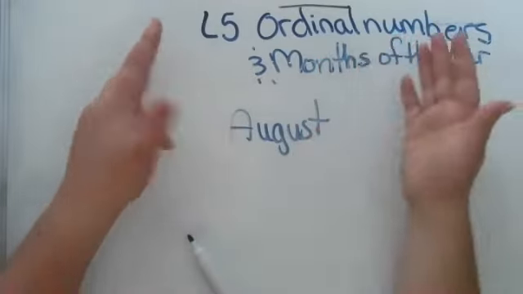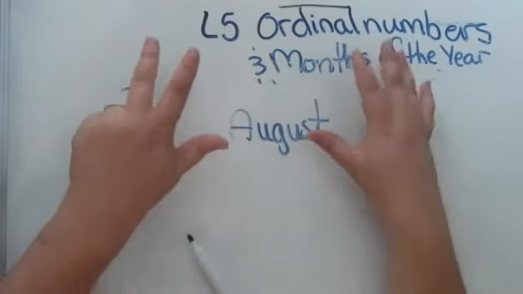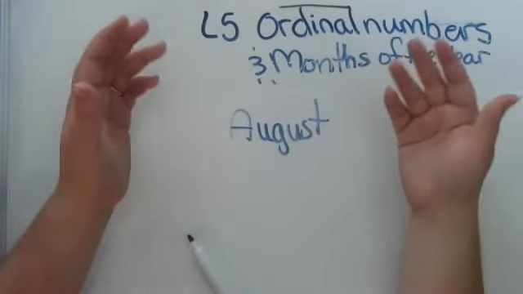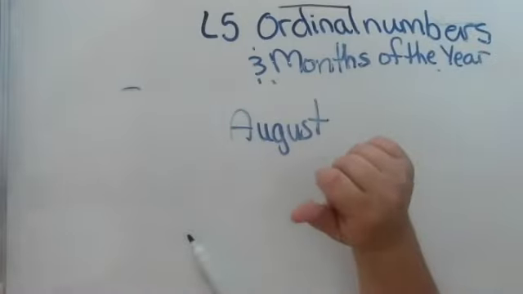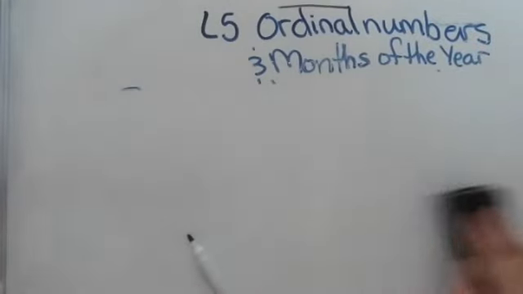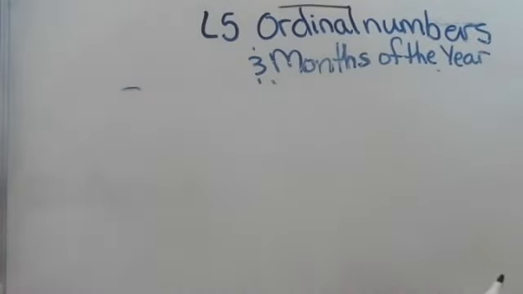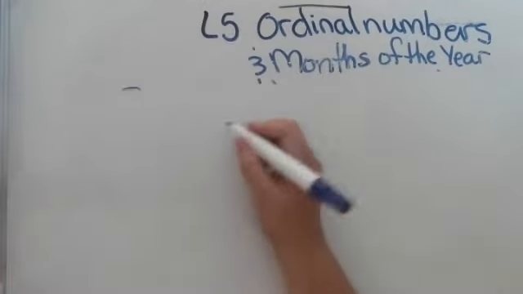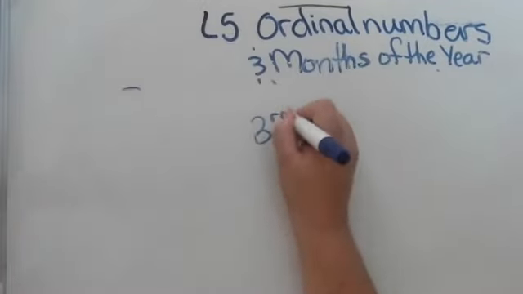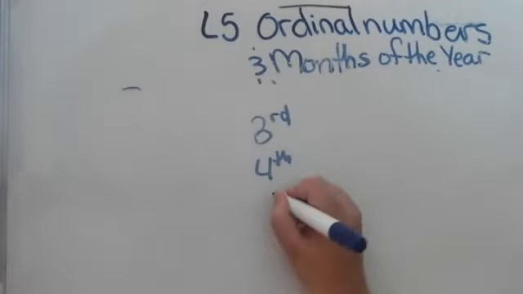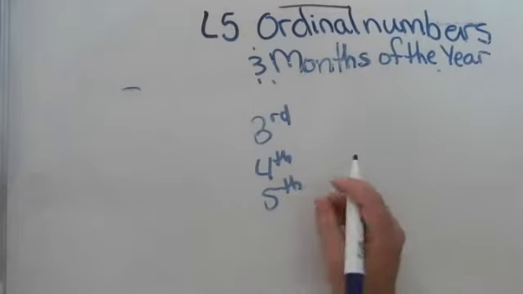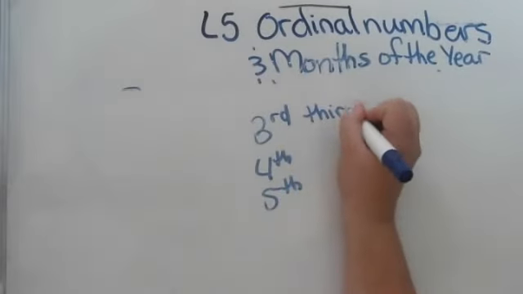Both of those ways will work. You can use the diagram in the book, or you can use your fingers and your mental counting. Either way is up to you. But that is the lesson for ordinal numbers and months of the year. Remember, please, that ordinal numbers are the 3rd, 4th, 5th ones. Those are ordinal.